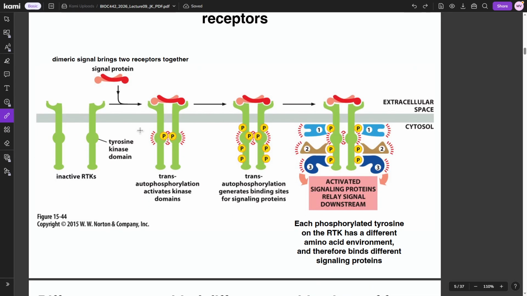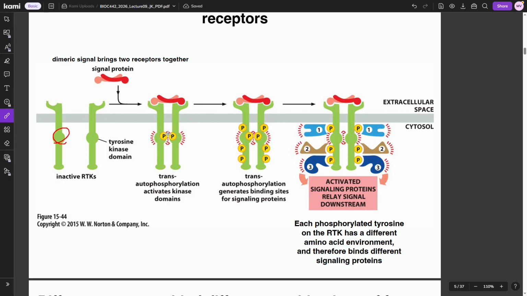You're going to start with these inactive monomers of the tyrosine kinase. Then you're going to bind your signal molecule, which causes them to dimerize. And once they dimerize, these tyrosine kinase domains are brought close enough together that they actually phosphorylate each other.